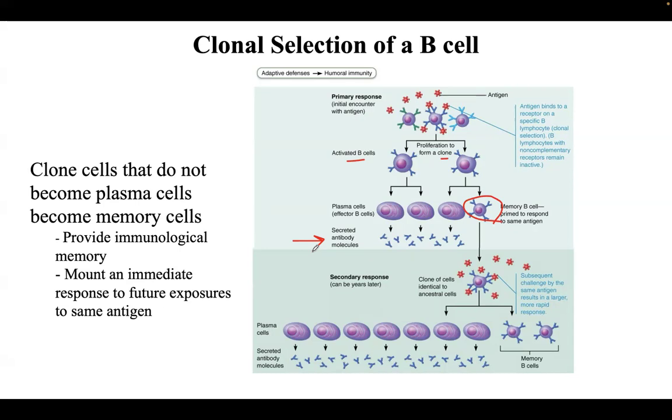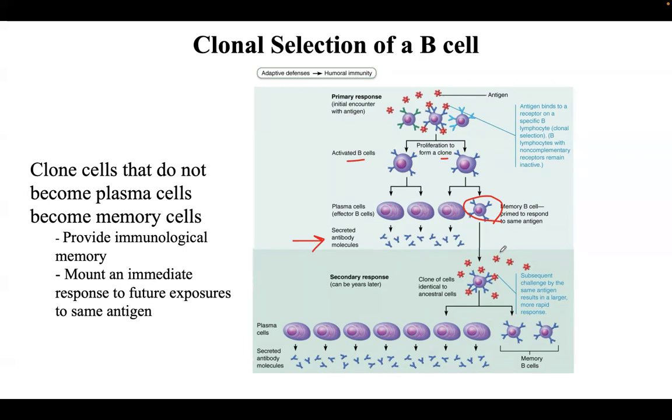Now, if there is a subsequent similar challenge to the body, like encountering that antigen one more time, then this memory B cell will remember it. This can be 5 years later. You had a disease today, and 5 years later you're having that again. These memory B cells will be in your body. They will again start proliferating. They are already immunocompetent. They have gone through self-tolerance, immunocompetence, activation, everything.